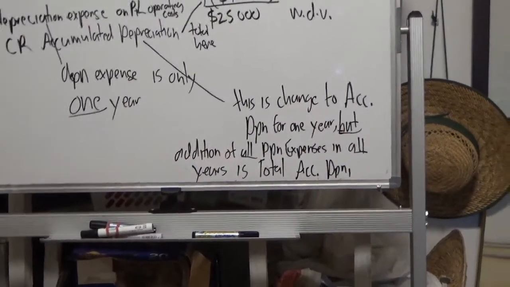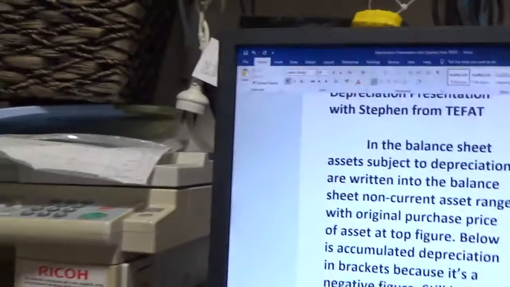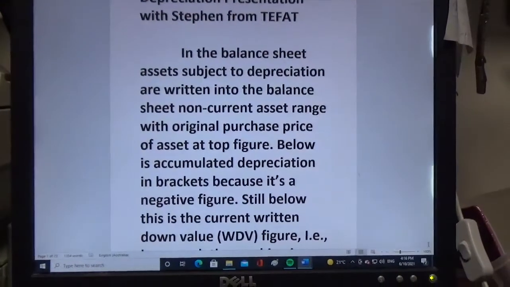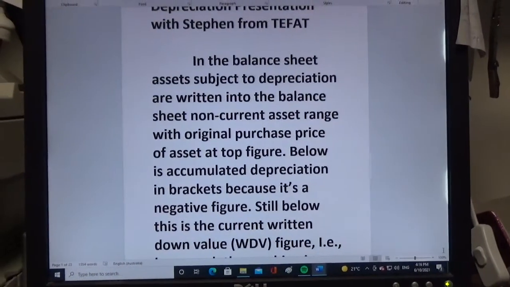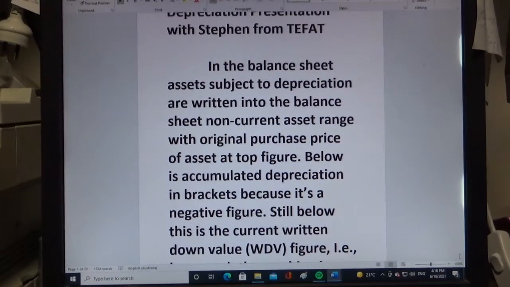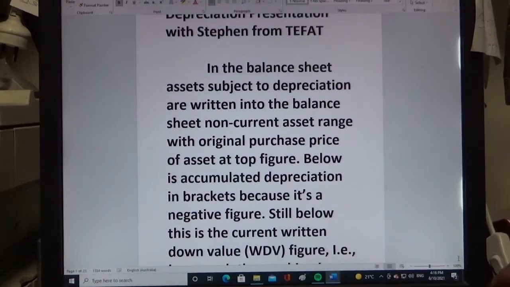As I mentioned, to get all the accumulated depreciation, you've got to add up all the depreciation expense amounts in all the years.